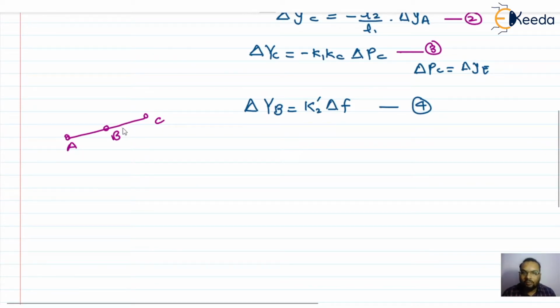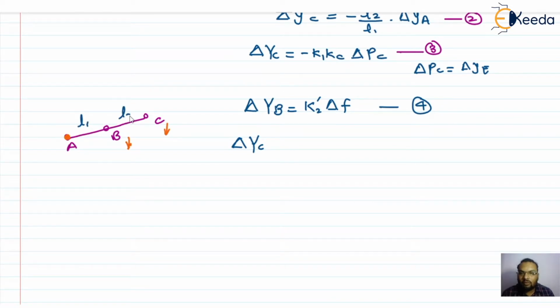Now we are considering the effect of downward movement of C with respect to downward movement of B. In this, the point A is fixed, it is not moving. So how can I get that downward movement of C? See, these are L1, L2.